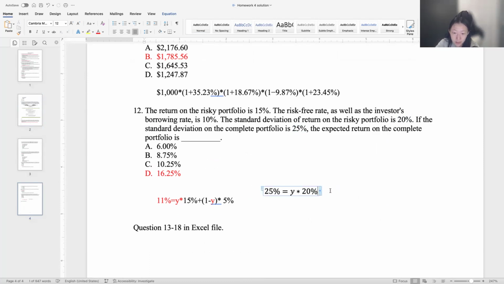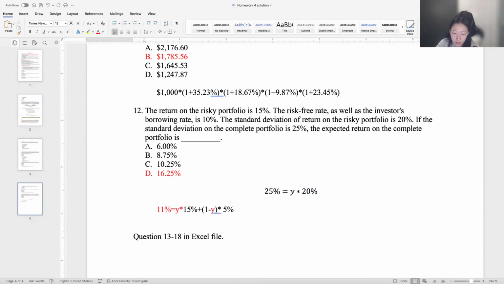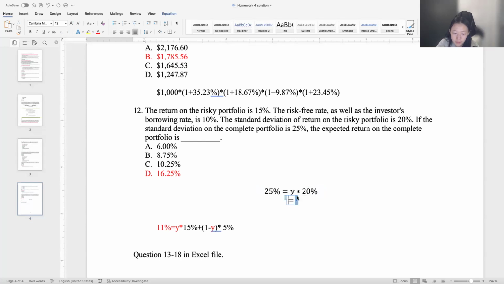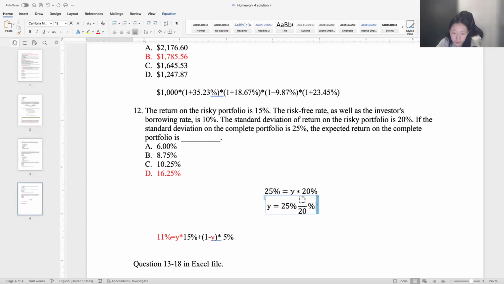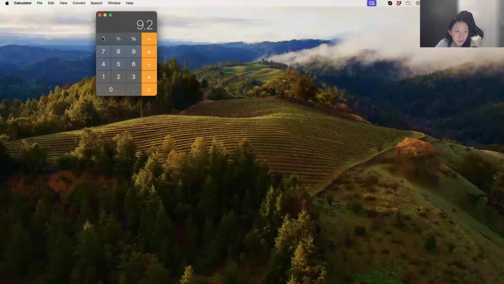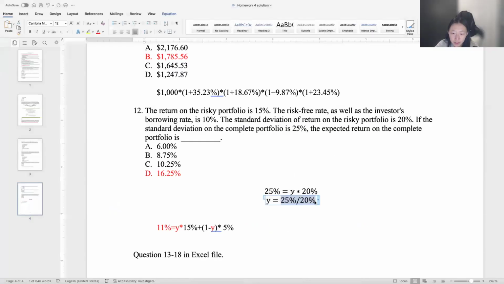And then for solving y, we're just rearranging the formula here. I'm gonna do separate y, and this will be 25% divided by 20%. That will be the half of 25, which is 12.5.